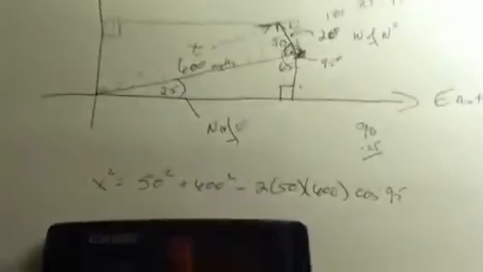There's a big number, but that is the x squared part. That's what x squared is equal to, all that stuff right there.